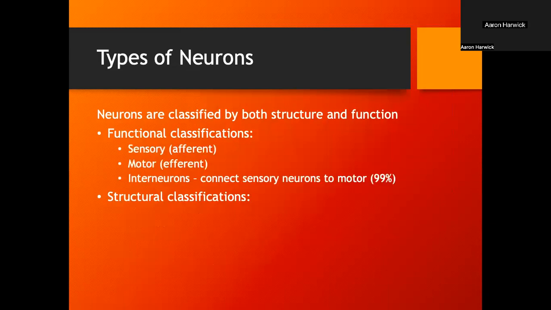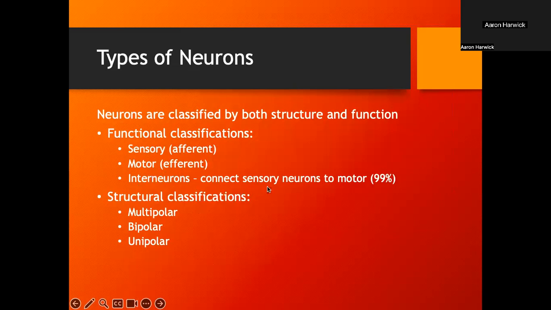So when we look at how we classify neurons, basically there's always a functional and a structural classification, right? Neurons are no different. Neurons are classified by their structure and their function. From a functional standpoint, are they sensory afferent type neurons? Are they motor efferent neurons? Or are they interneurons?